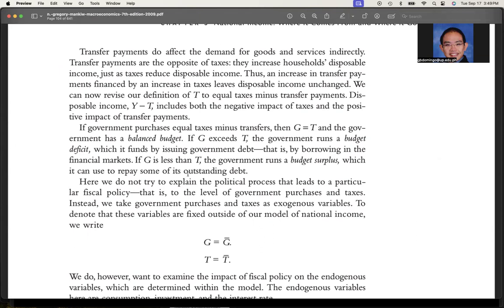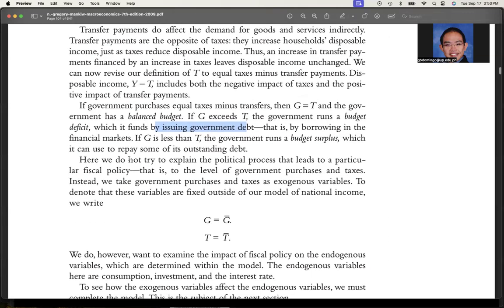If G exceeds T, the government runs a budget deficit, which it funds by issuing debt, borrowing money. So in the Philippine case, we tend to have budget deficits, and we tend to issue debt, which we tend to roll over. Okay, so more of this later on in the course. That is, borrowing in the financial markets, that's what issuing debt is. If G is less than T, then the government runs a budget surplus, which it can use to repay some of its outstanding debt.